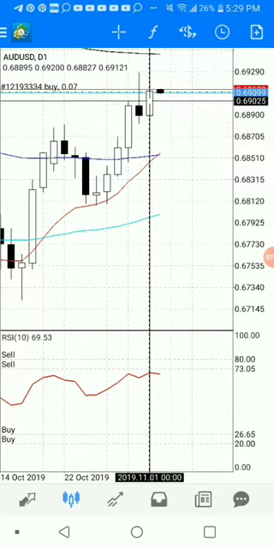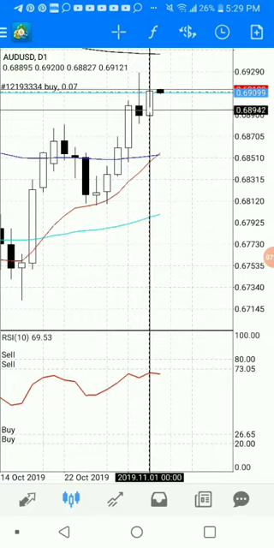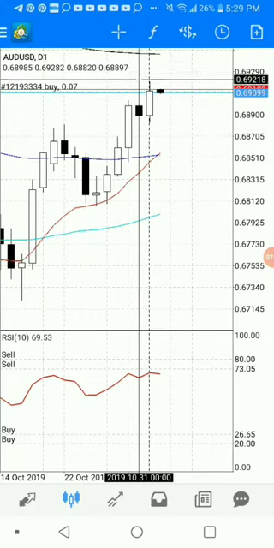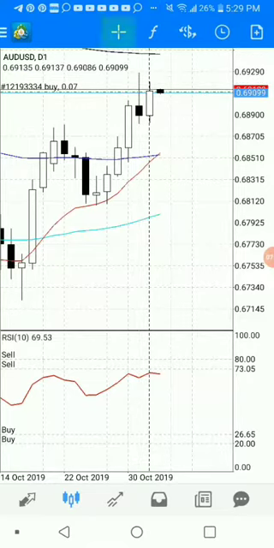But as you can see, if that would have been the case, that next candle on Friday would have actually come down to follow with that Thursday candle, but it didn't because the upward movement is pretty strong right now due to that monthly and weekly divergence that I just showed you guys.